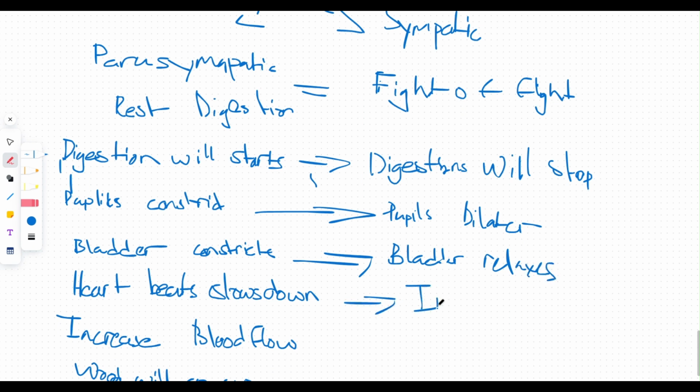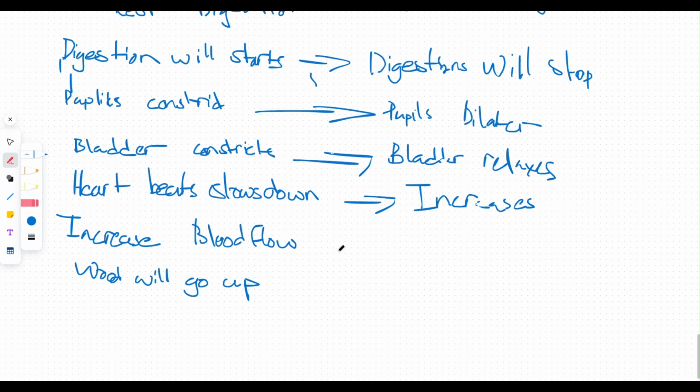But the reason why this is all possible is because of your adrenal glands. Okay, your adrenal glands, right? Adrenal glands will release adrenaline.